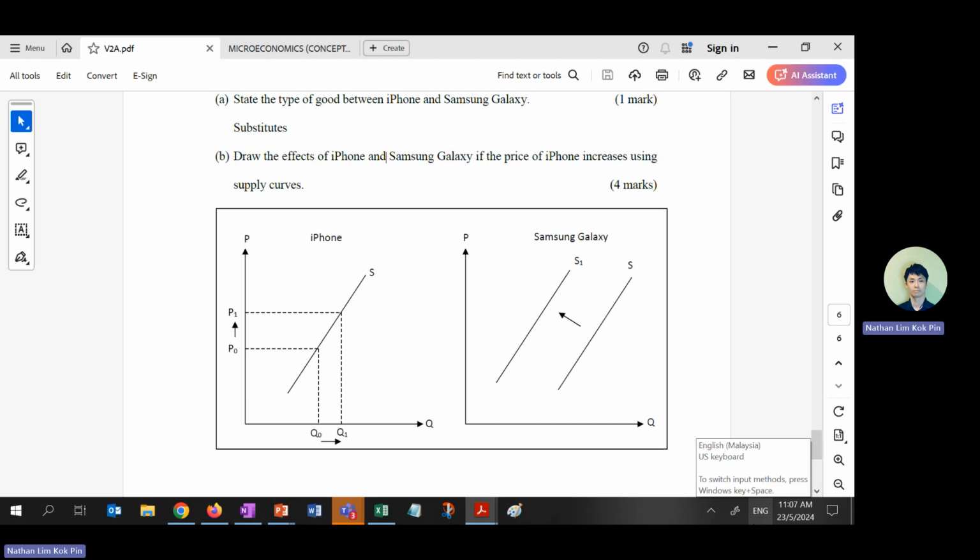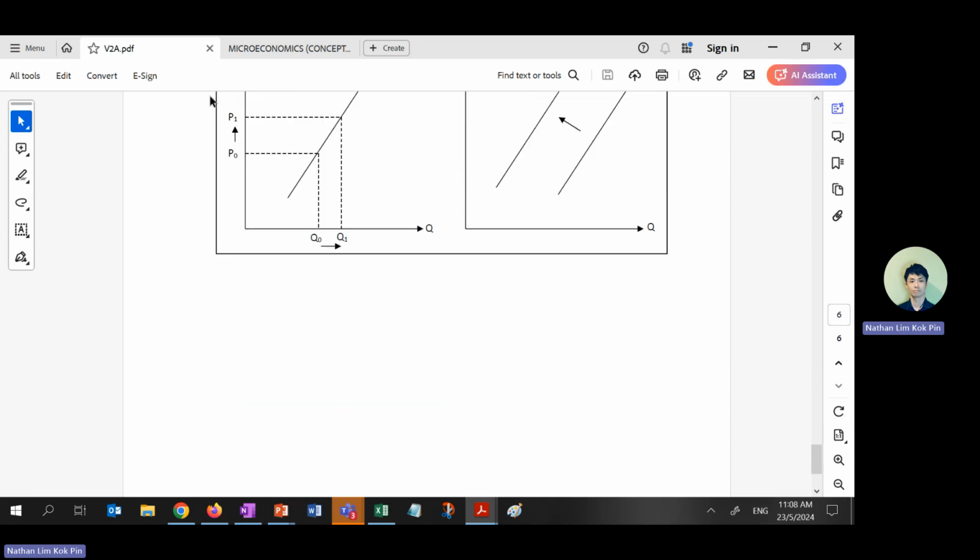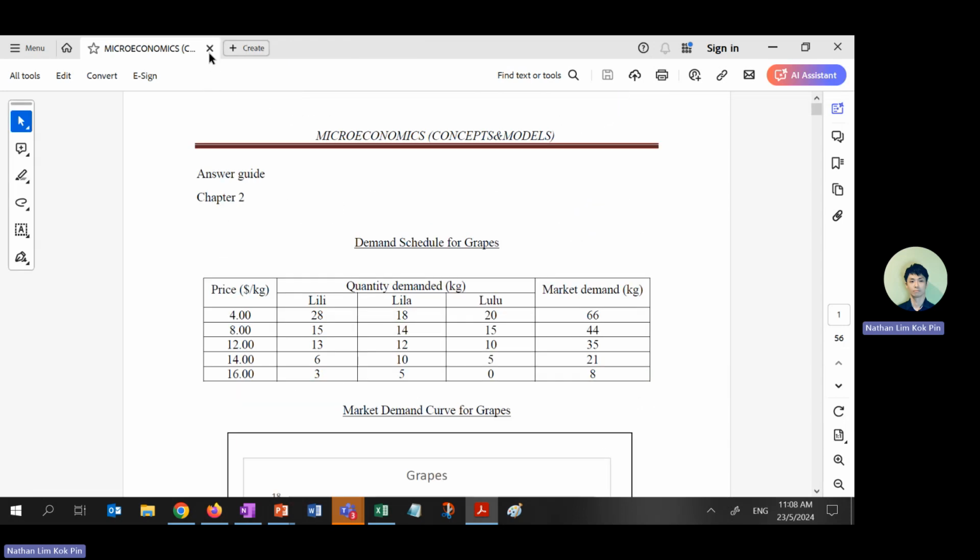Think about other shops that sell both. If iPhone is more profitable, they will promote iPhone more than Samsung, so the Samsung supply will actually decrease. They don't even want to put Samsung on the rack to display to you because they want to earn more on iPhone. Make sense?